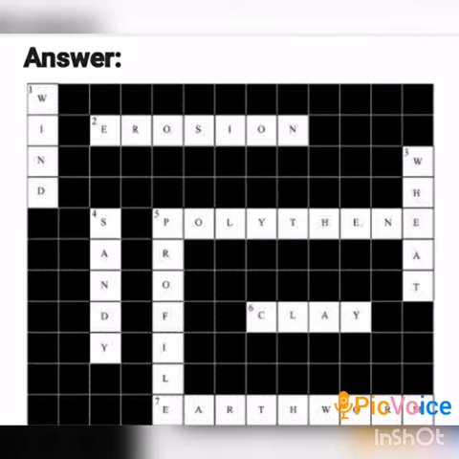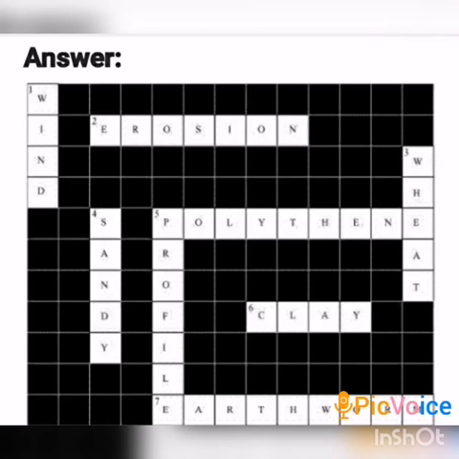Then 3rd, clay and loam are suitable for cereals like wheat. 3rd down, wheat. Okay, children, write the answer for this puzzle in your book, page number 106.